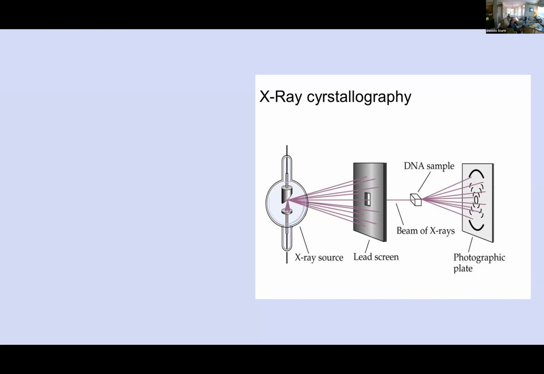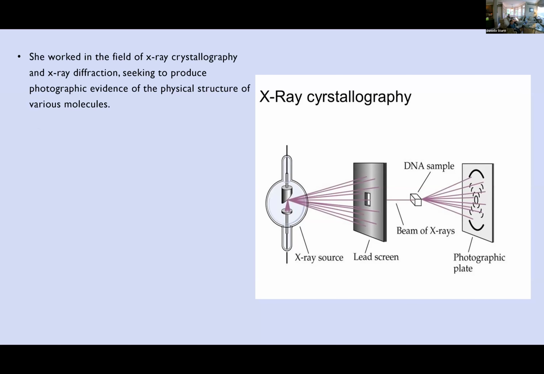So she positioned little molecular samples in these little blocks and shot X-rays at them to try and get pictures of a molecule. Can you imagine? Molecules are tiny, right? And she's getting pictures of them. So she worked in this field called X-ray crystallography and X-ray diffraction, seeking to produce photographic evidence of the physical structure of all kinds of different molecules.